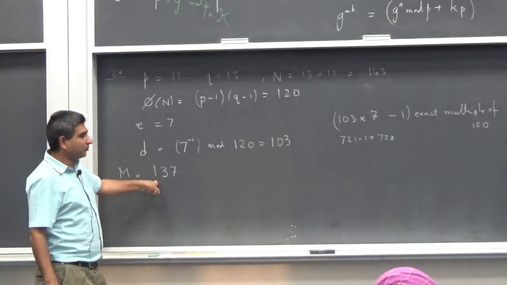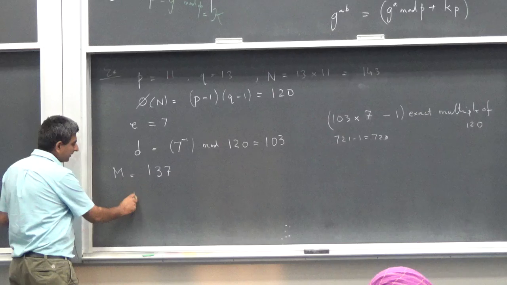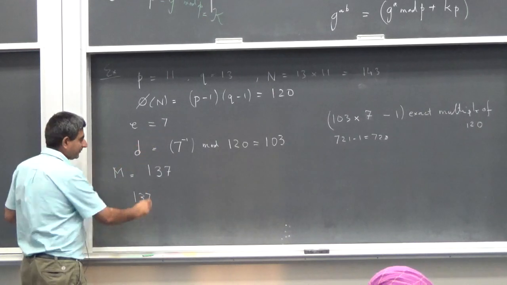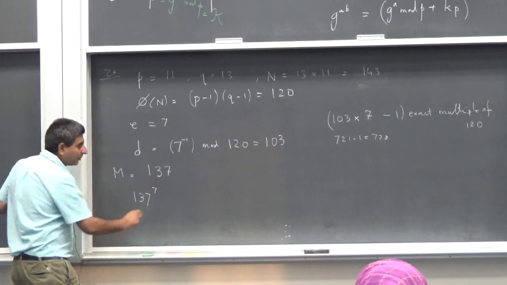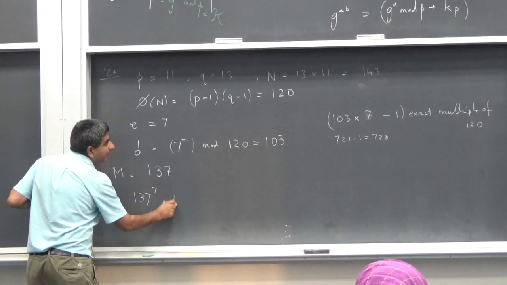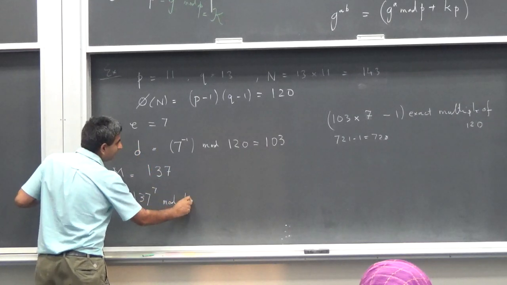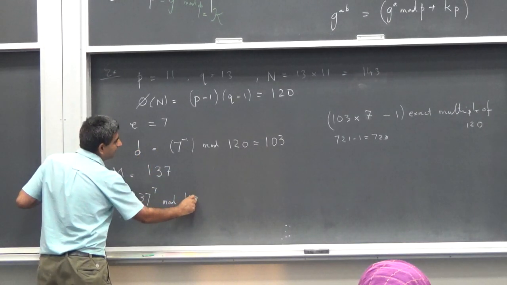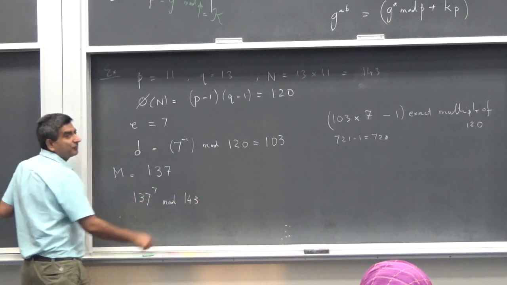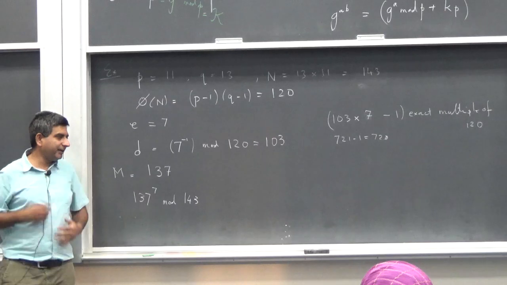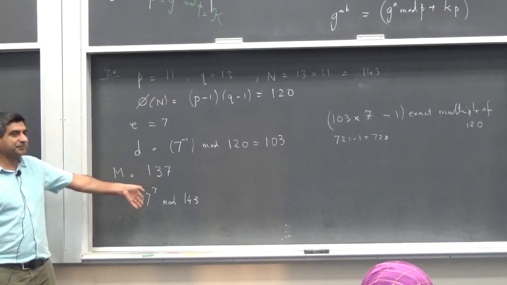And then what she does is she takes this 137, exponentiates this with respect to 7, modulo my n, which is, I always forget, 143. Now this is with modulo n, not modulo phi n. So now this is a really big exponent.